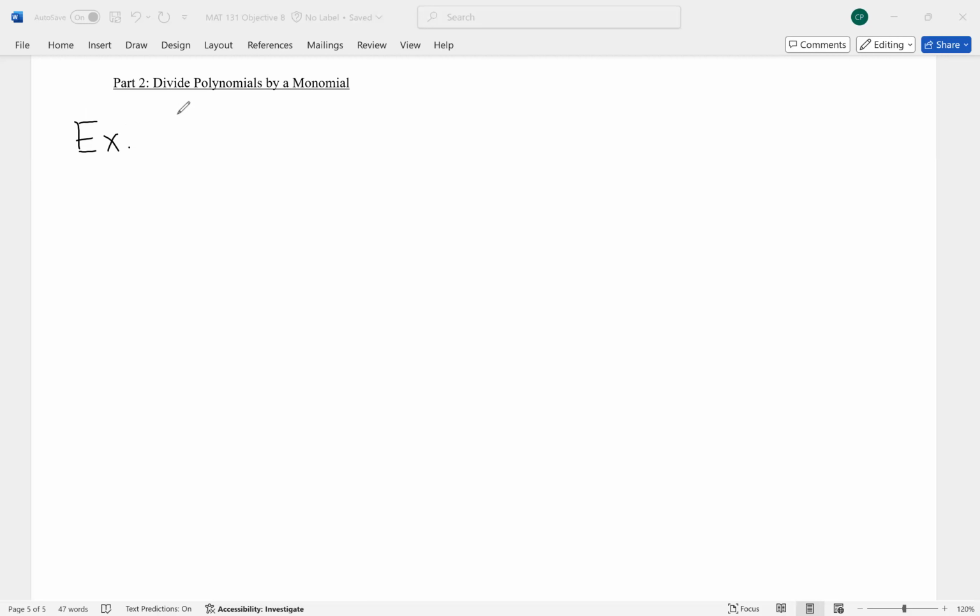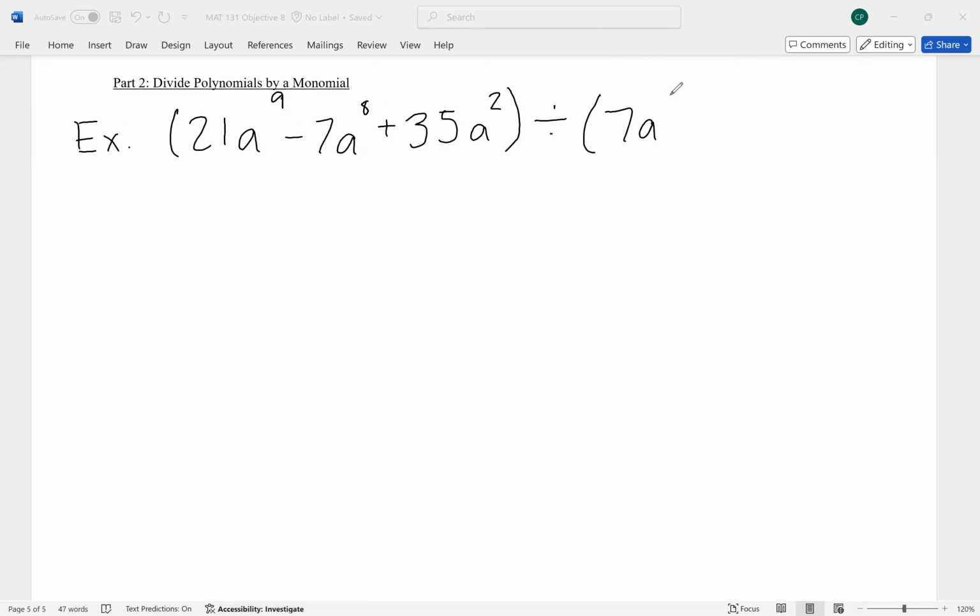It could be written like this: 21 a to the 9th minus 7 a to the 8th plus 35a squared divided by 7a to the 6th. Okay, it could be written like this.